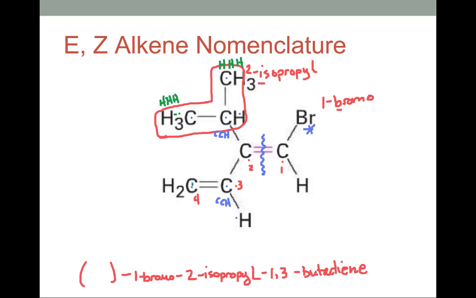Here, it's got 2 hydrogens, and the third connection is back to that carbon. So as counterintuitive as it seems, there's the rank list. And finally, that carbon beats that hydrogen. So this is my higher ranking group. Since that star is on one side of the alkene and the other star is on the other side of the alkene, this is again an E.